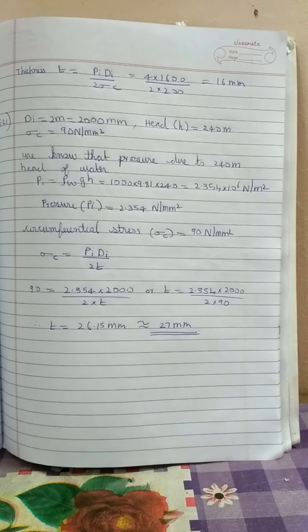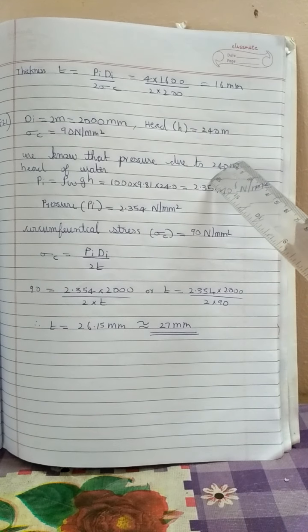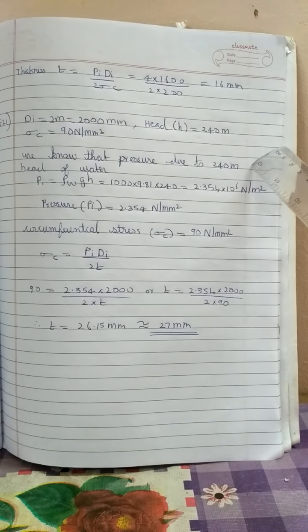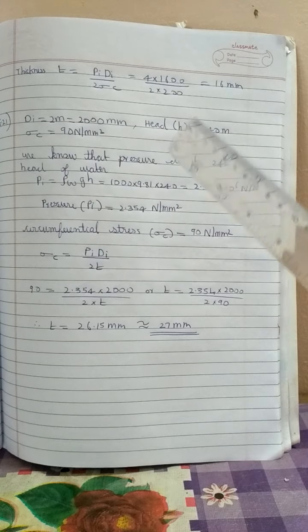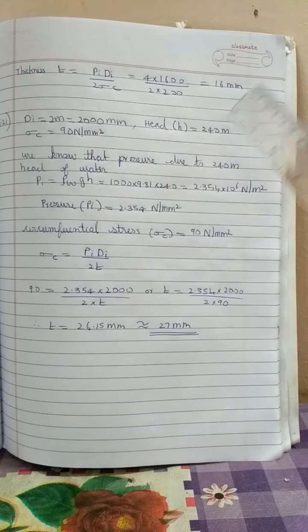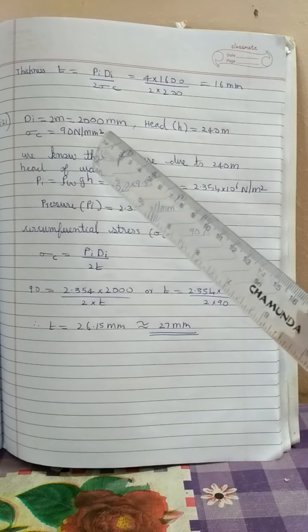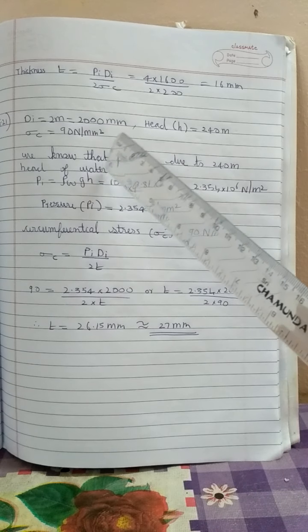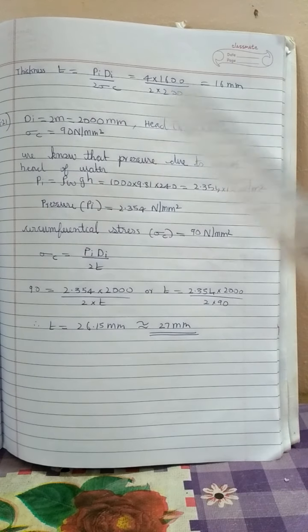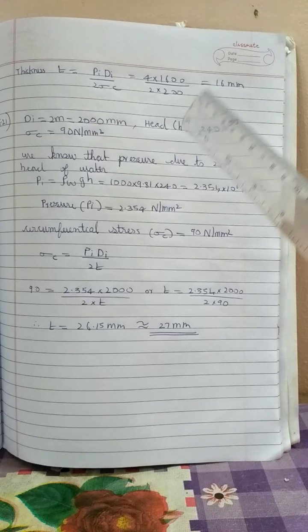Now let us go back to our basic equation from your lower semesters. We have studied there that the pressure due to a particular head of water can be calculated using the equation rho g h. Here the head is given as 240 meter, and we are using this application for conveying water.